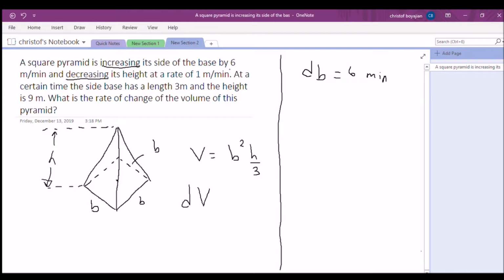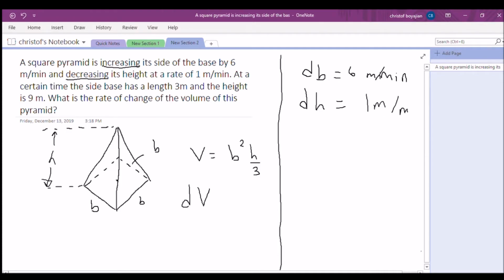So that's 6 meters per minute. I wrote 6 minutes, it's actually 6 meters per minute. And the height is decreasing, keyword, at a rate of 1 meter per minute. So the rate of change of the height is 1 meter per minute.